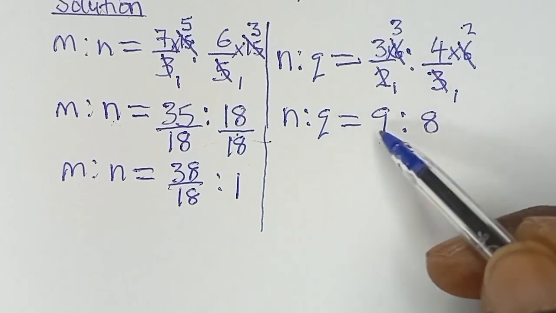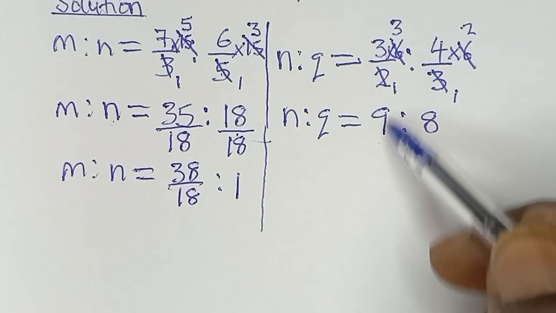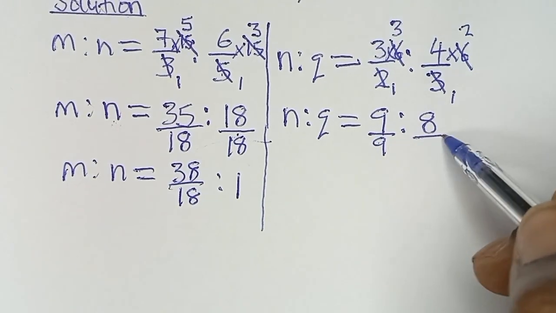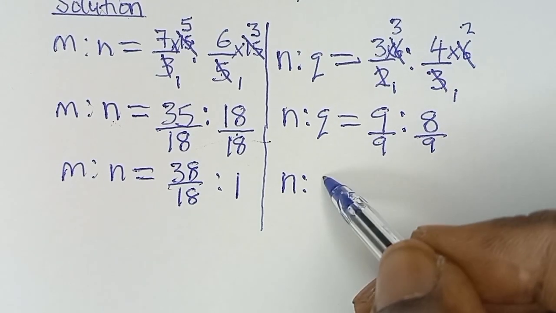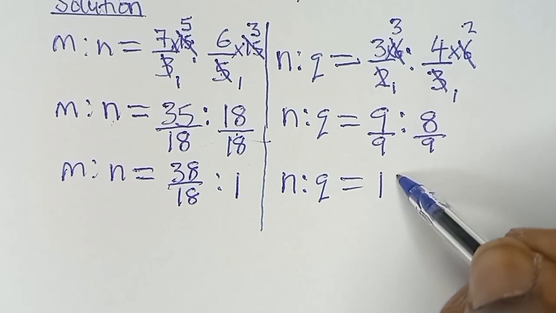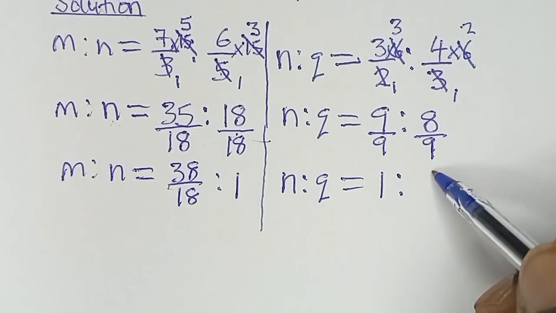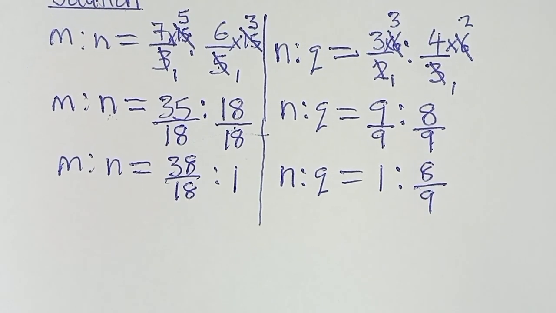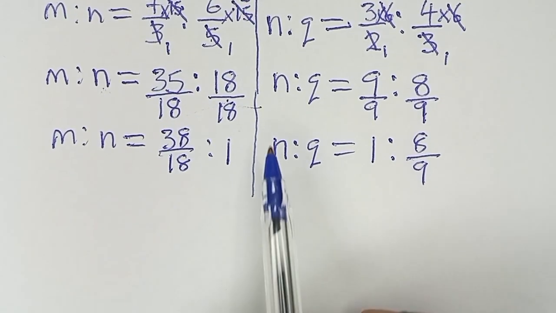So to make n 1 here, I also divide the two parts by 9. So I now have n ratio q equal to 9 over 9 is 1, ratio 8 over 9. Now, n is 1 in both ratios. That means n is now equal in the two ratios.